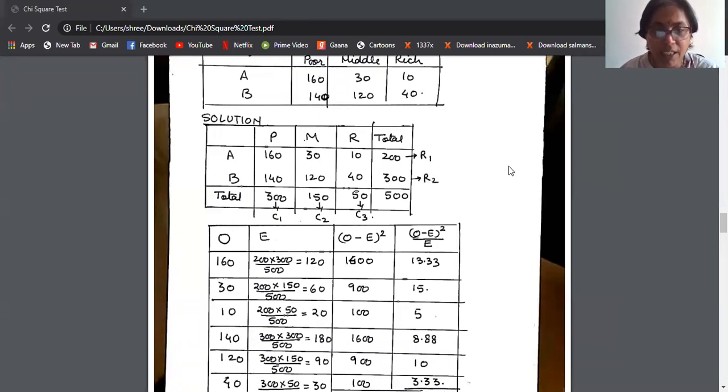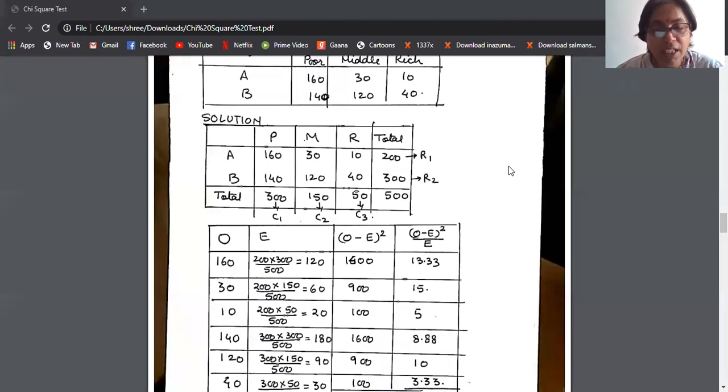Now to calculate E, we take the row total and the column total of the observed value. For example, for 160, the expected value will be the corresponding row total, that is R1, that is 200, into the corresponding column total, which is 300, divided by the grand total, which is 500. So for 160, the expected frequency will be 200 into 300 divided by 500.